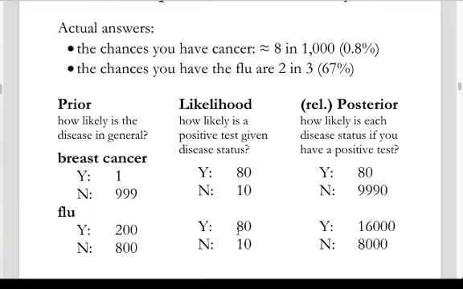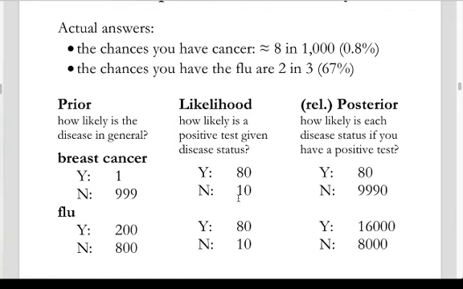As we saw earlier with these diagnostic tests, if your false positive rate is lower than your rate of infection in the general population, then you're going to get relatively meaningful results out of your diagnostic test. This is the flu case where 20% of people have the flu and the false positive rate's only 10%. Therefore, we're getting lots of useful information out of this test.